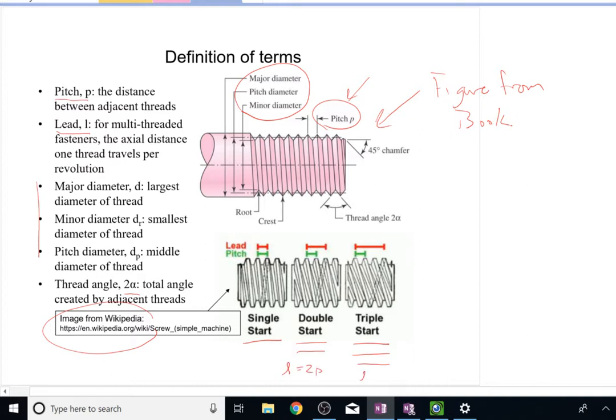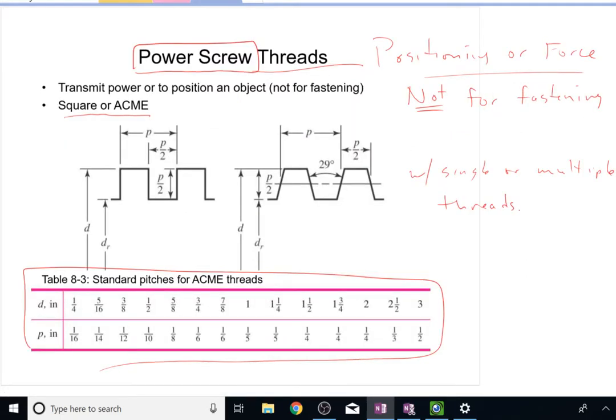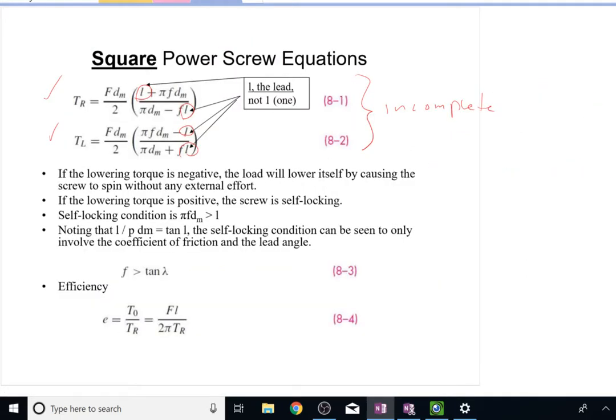And in this case, the lead equals 3 times the pitch, because there's 3 threads. In the previous case, there's 2 threads. All right? So to my point, in these formulas we're working with lead here, not pitch.